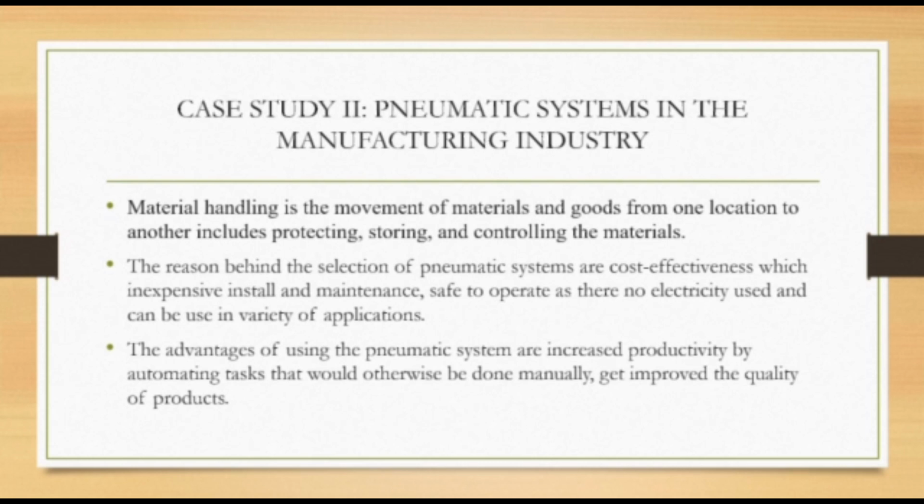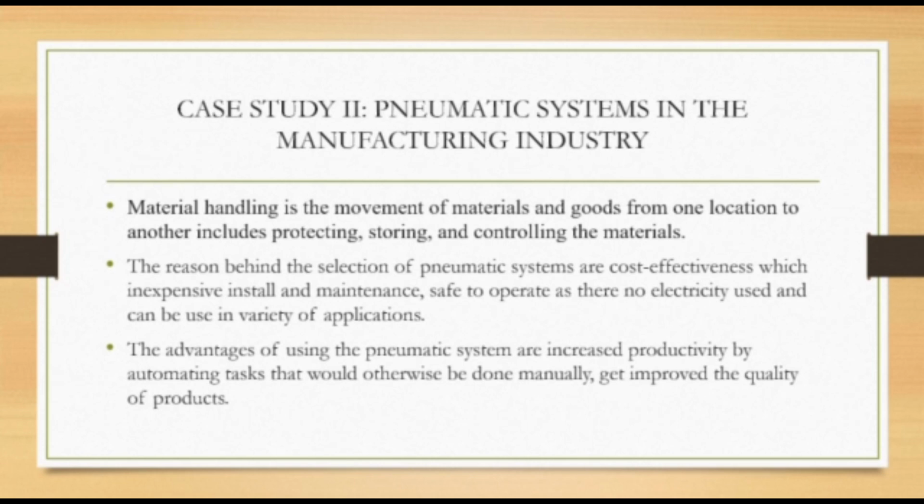Case study 2. Pneumatic systems in the manufacturing industry. We choose material handling. Material handling is the movement of materials and goods from one location to another, and includes protecting, storing, and controlling the materials.